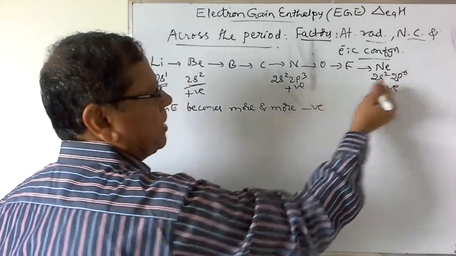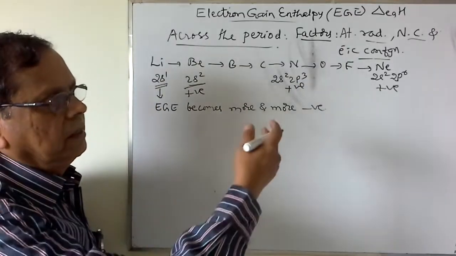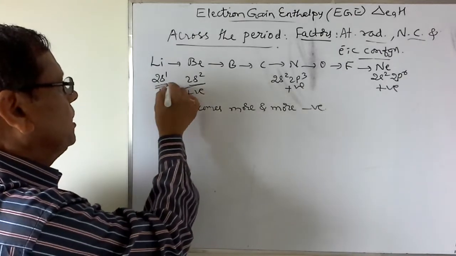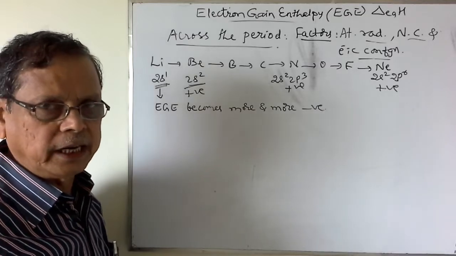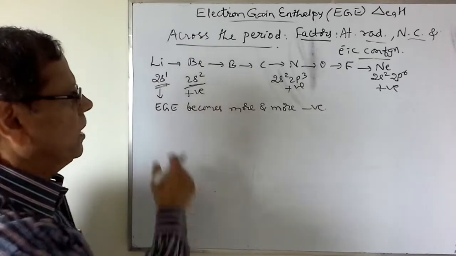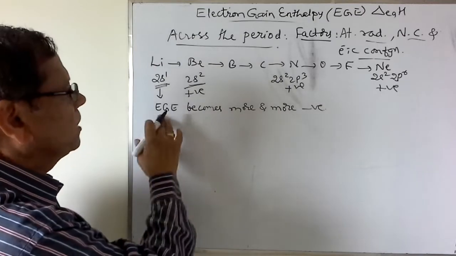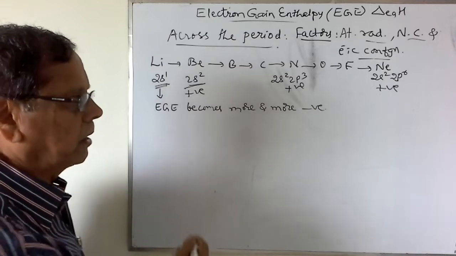For these three elements, the electron gain enthalpy becomes positive. Otherwise, it is negative. Lithium also has a very small size, and it is more metallic rather than an electronegative element. That's why for this also we have a positive value. But comparing to that, there is a gradual increase in the trend to accept the electron.